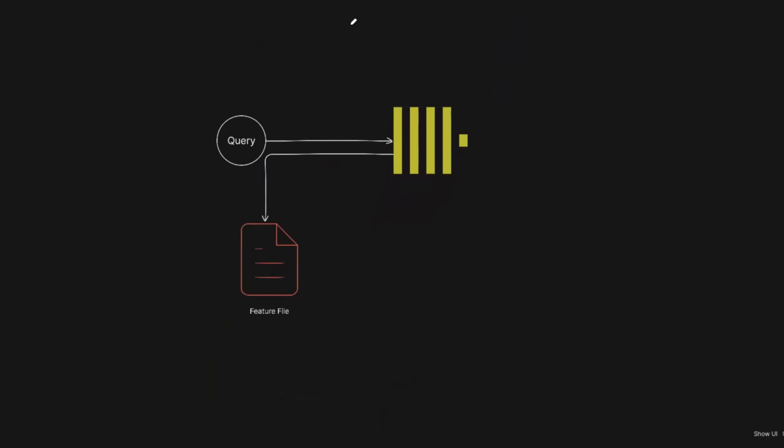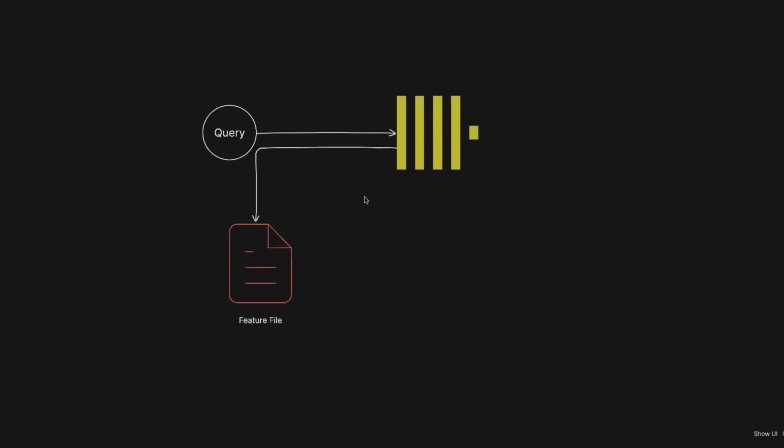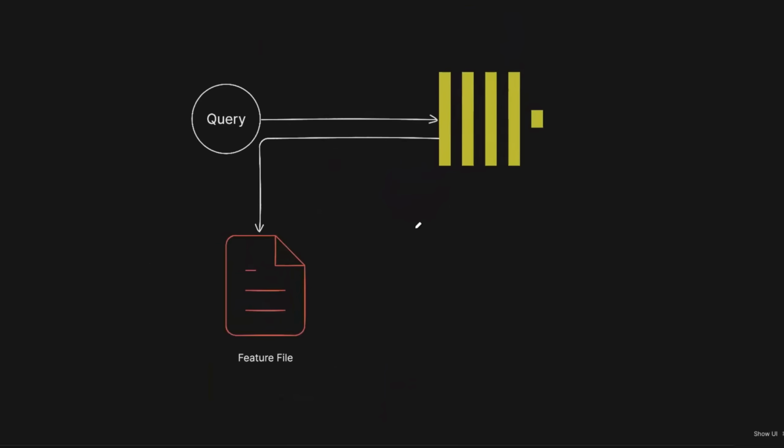What happens here is, this is where things get interesting. So they run an internal query. This query reads all the feature definitions from the ClickHouse database. It creates a feature file and it forwards this feature file to all the Cloudflare servers in the world.